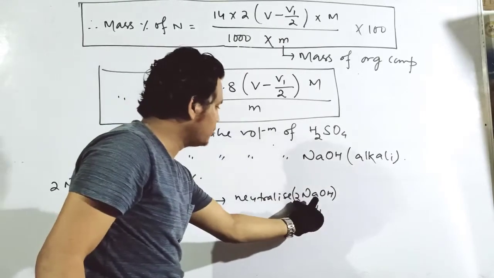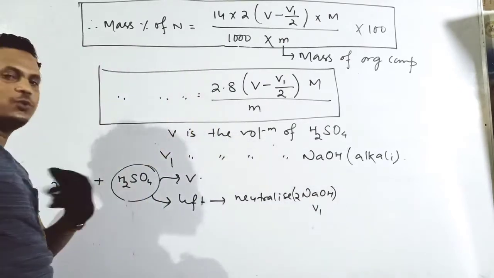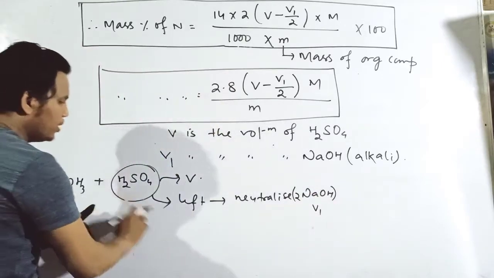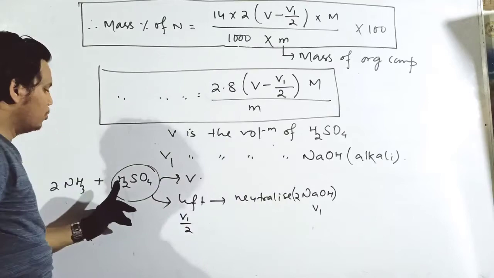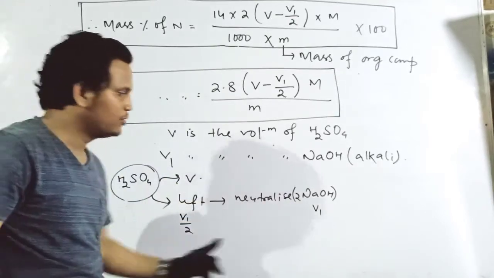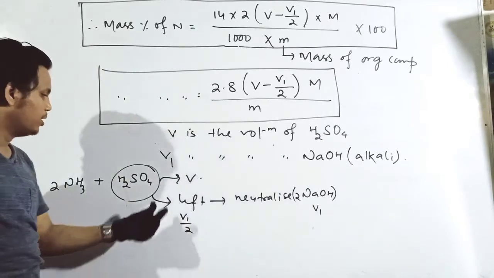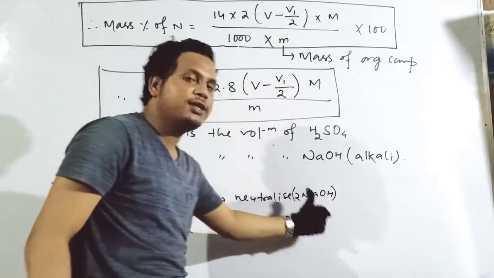If you take 2 NaOH, then Na2SO4 and 2 H2O water will be formed. So 2 volumes require 1, so V1 volume requires V1 by 2. Initially it was V, and V1 by 2 is used for NaOH.